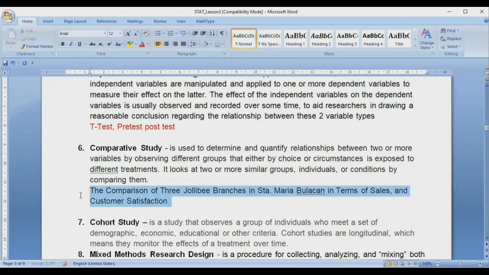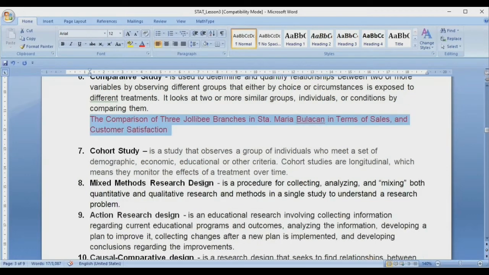Yan. Comparative study yan. Kasi you're comparing 3 Jollibee branches. Saan nga ba yon? Sa Santa Maria, yung mismong sa bayan, tapos dun sa Santa Clara, tapos sa Walter.